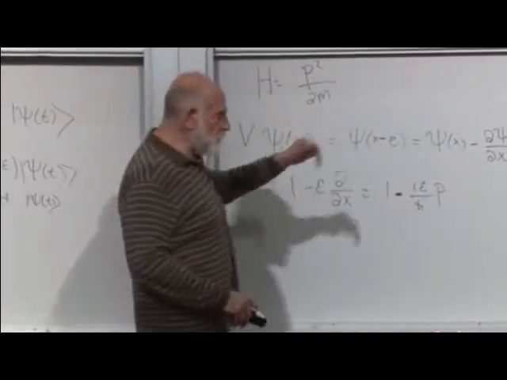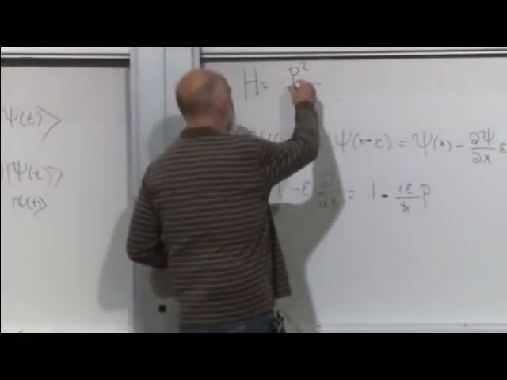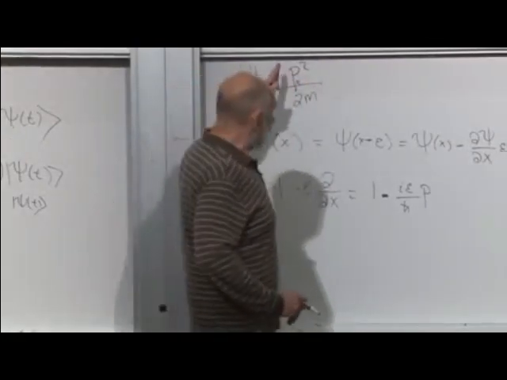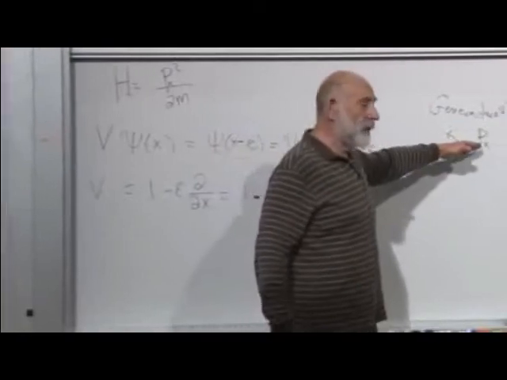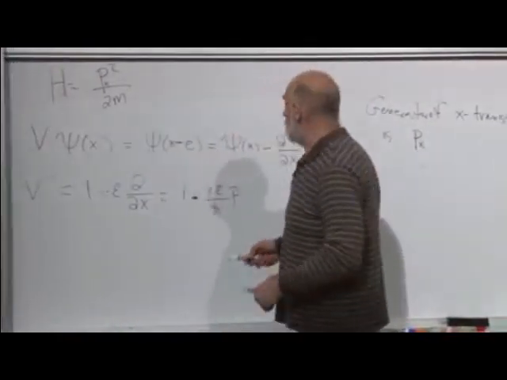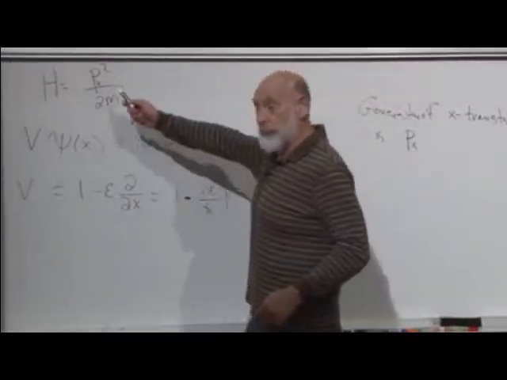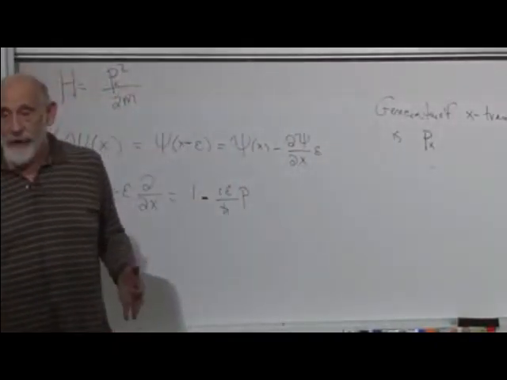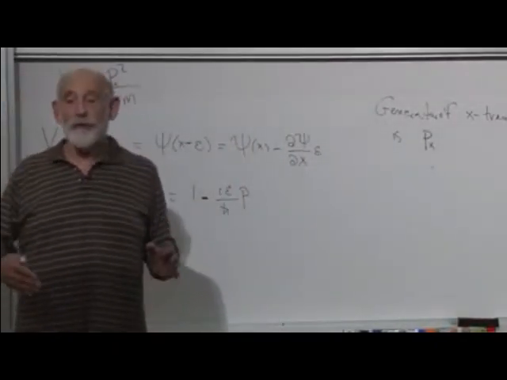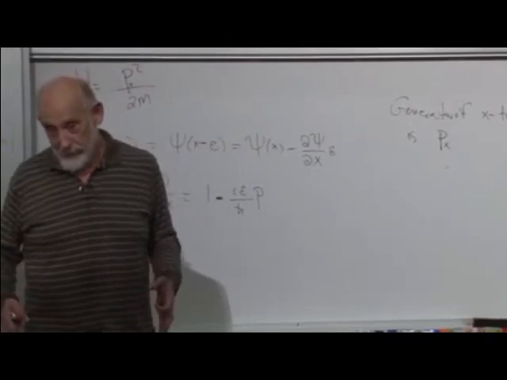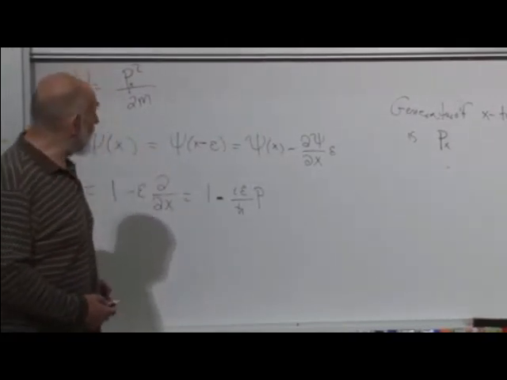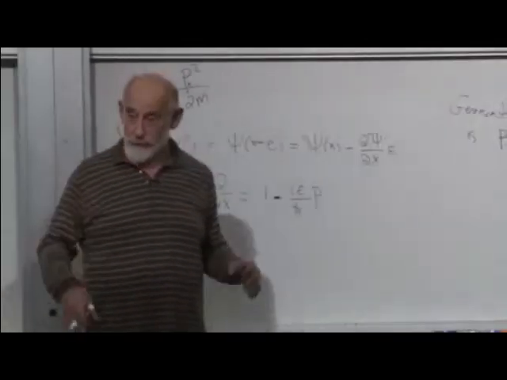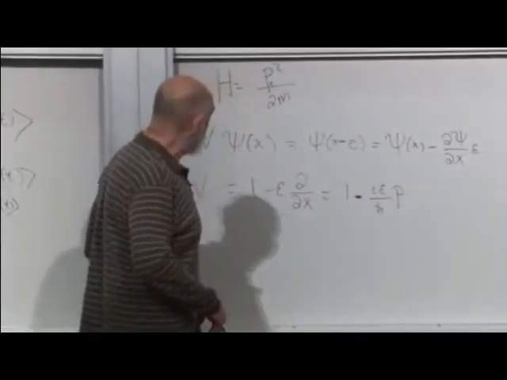If this is a one-dimensional problem, then it really is just px, the x component of momentum. Does the Hamiltonian commute with px? Well, that becomes equivalent to the question of whether px commutes with px squared. Yes, every operator commutes with every function of itself. p of x commutes with p of x squared, it commutes with p of x cubed, it commutes with any function of p of x.